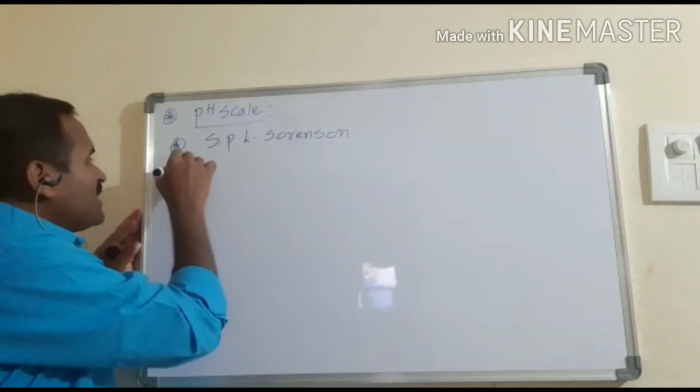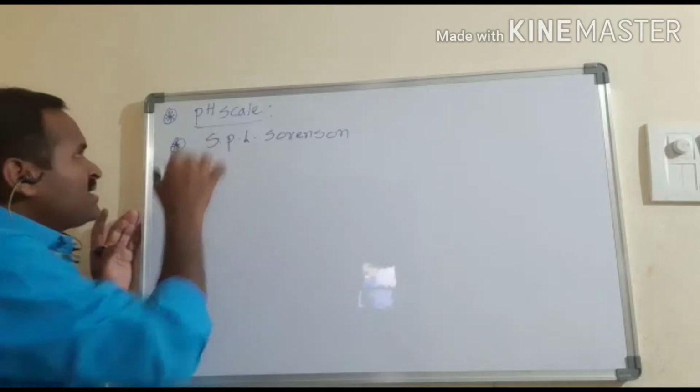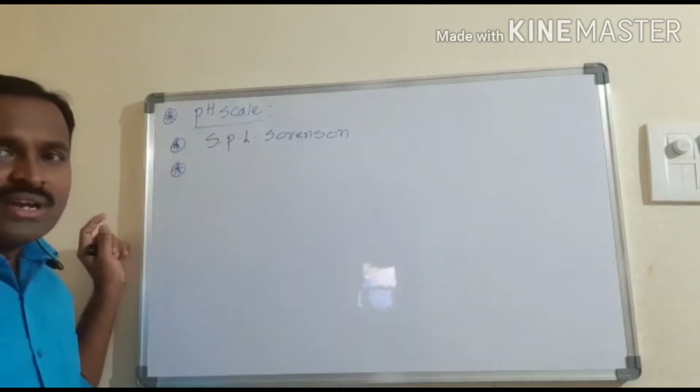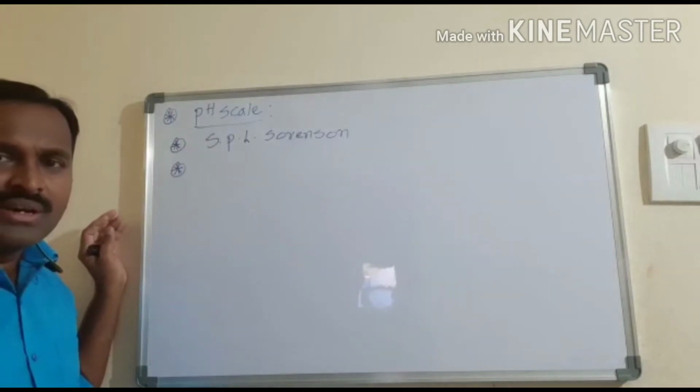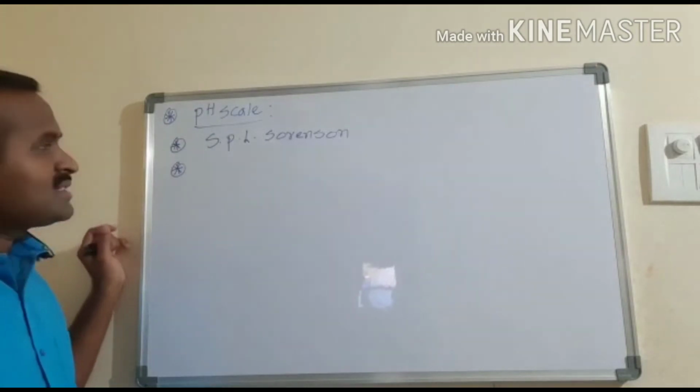For what purpose is this pH scale introduced? To measure the H plus ion concentration, or the H3O plus ion concentration.